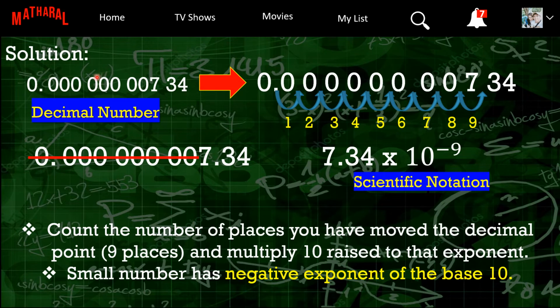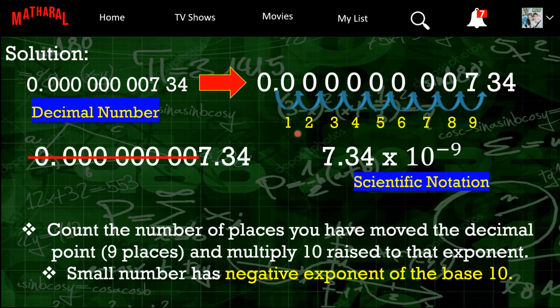I recopy the first part of our solution. Since we have the movement of the decimal point from left to right as what we had in our early discussions in this topic.